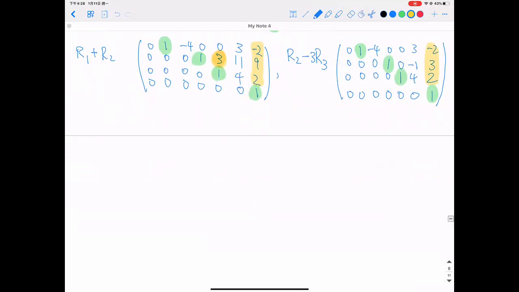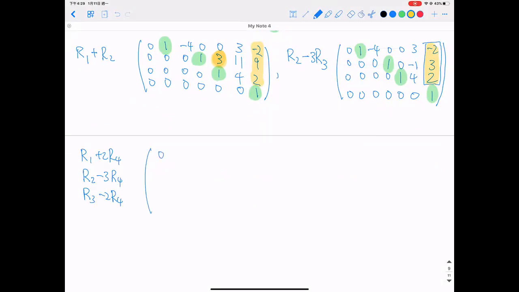We're gonna take R1 and add 2 copies of R4. We're gonna take R2 minus 3 copies of R4. We're gonna take R3 minus 2 copies of R4. And doing that will effectively cancel these entries without changing anything else.